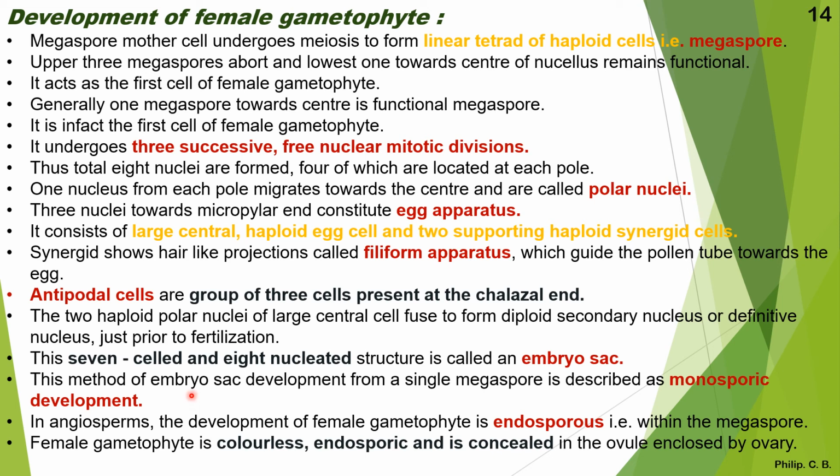Monosporic, mono means single megaspore. In angiosperms, the development of the female gametophyte is endosporous, endo meaning inside, within the megaspore. The female gametophyte is colorless, endosporic, and is concealed in the ovule enclosed by the ovary. The term concealed means present inside or covered from the external region.